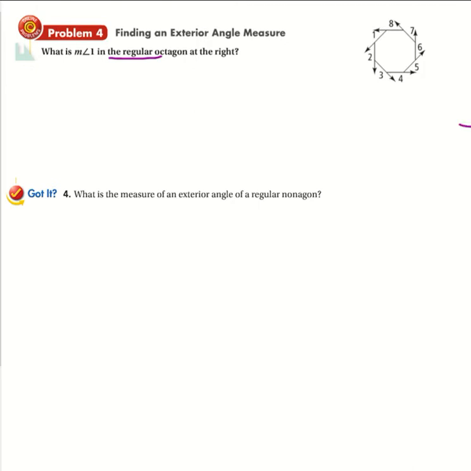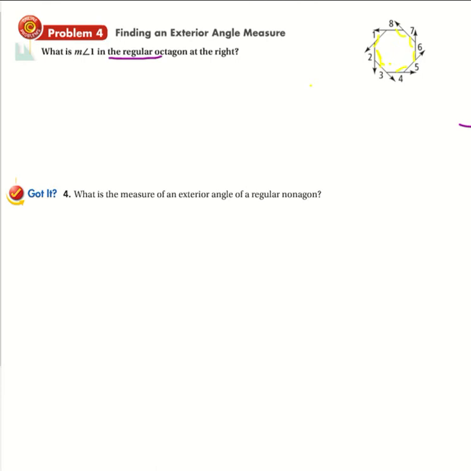So if all of the interior angles are congruent, what do you think that says about the exterior angles? I would say that the exterior angles are also the same. So how many exterior angles are there? Well, there are 8 because it's an octagon.